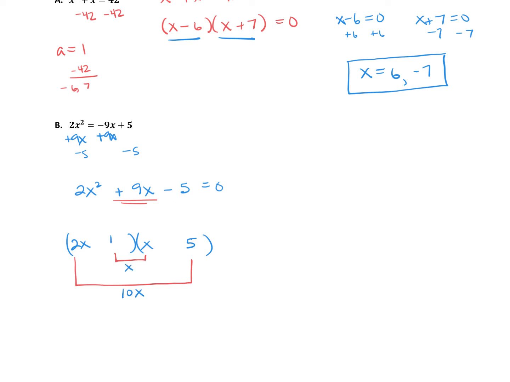It is a negative 5, which means we need either the 1 to be negative or the 5 to be negative. So which of these should be negative? So we end up with a positive 9x. And if that x is negative, negative x plus 10x is positive 9x. So I'm going to make the 1 negative and the 5 positive.